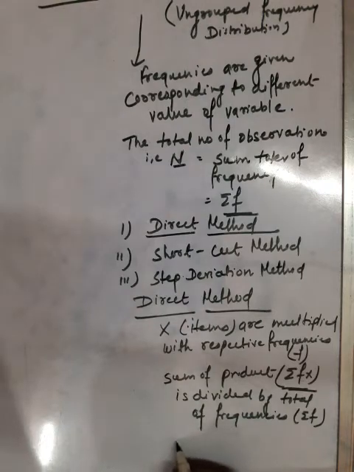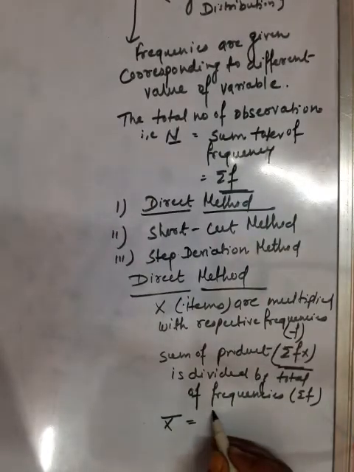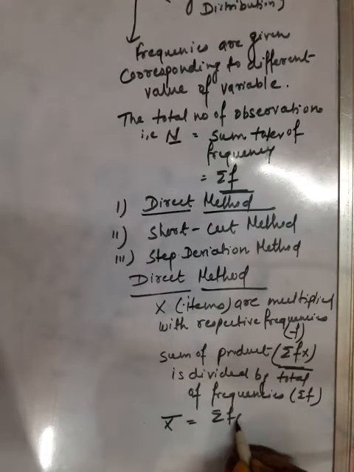The formula of simple arithmetic mean in direct method is x bar equals summation of fx by summation of f, where x bar is the mean.